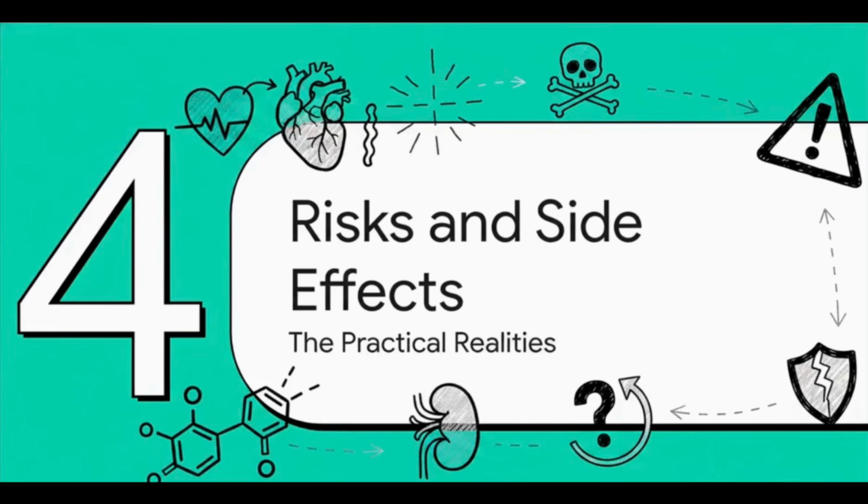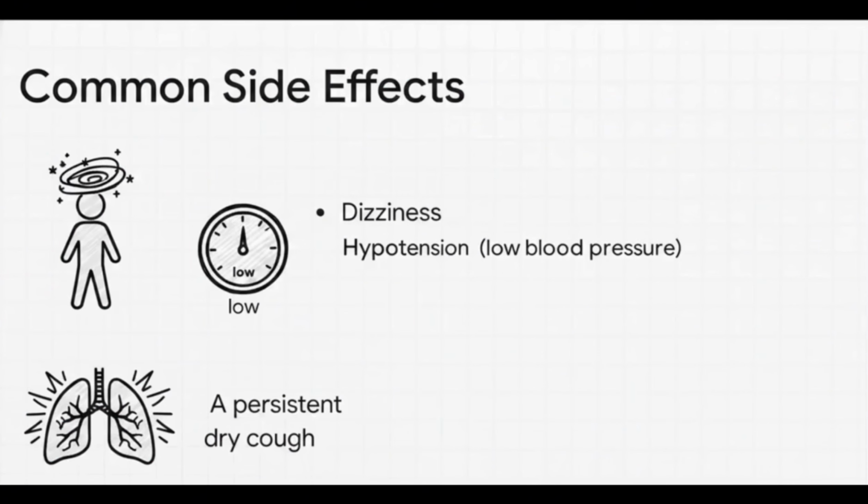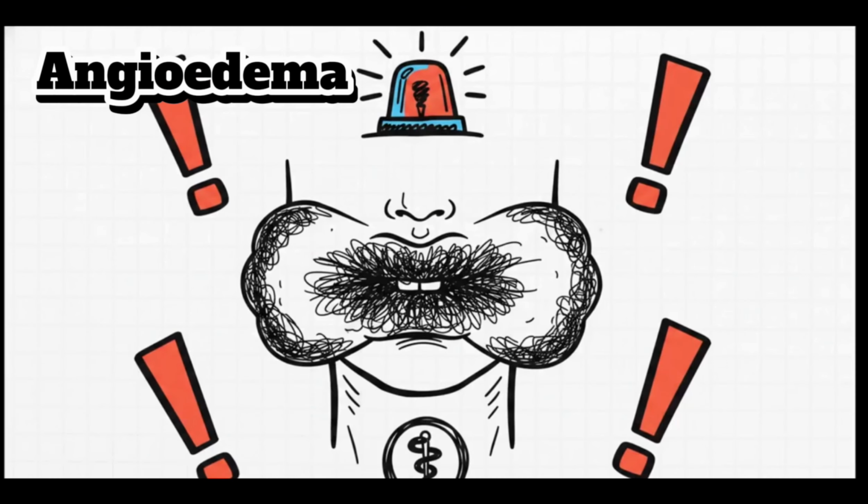Now, let's talk about side effects. Common side effects include low blood pressure, which can cause dizziness. A persistent dry cough is also quite common with ACE inhibitors. However, there is a rare but life-threatening side effect called angioedema.